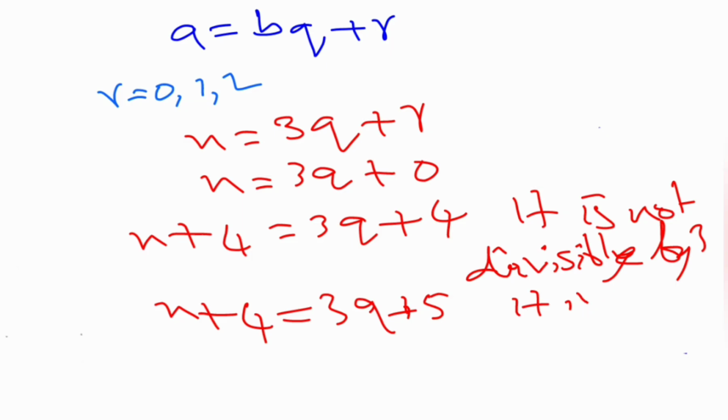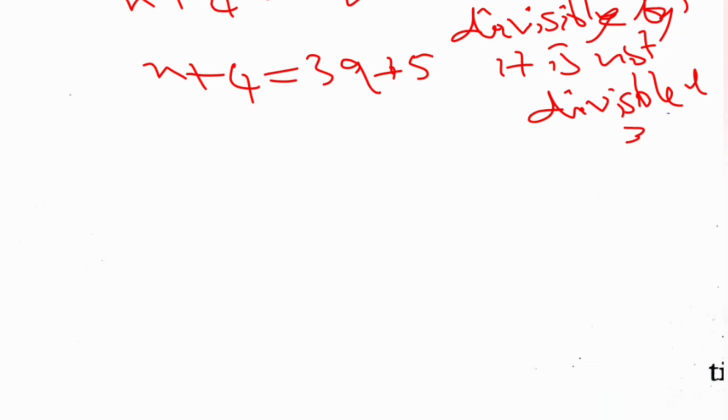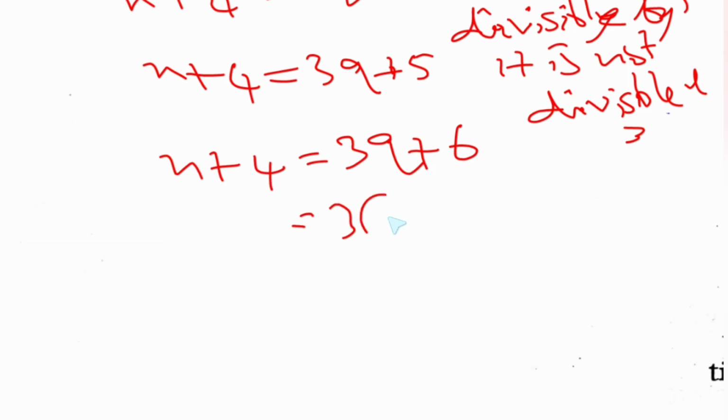It is also not divisible by 3. The next one is r equal to 2, so n plus 4 is 3q plus 6. 3 is common, 3 times q plus 2, so it is divisible by 3.